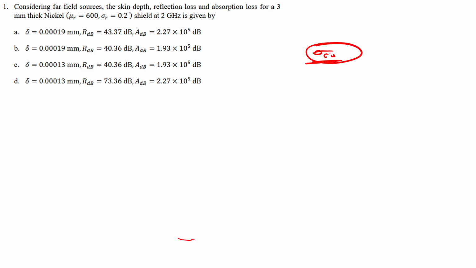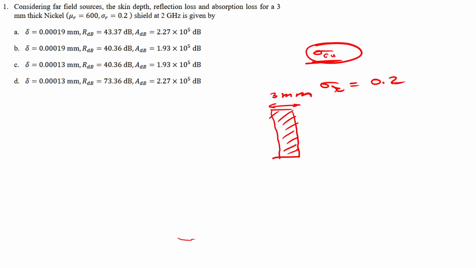Means with respect to copper, what is its relative conductivity? For nickel, it is 0.2. The thickness of this nickel shield is given as 3 millimeters at 2 gigahertz. We have to find the skin depth, reflection loss, and absorption loss for a 3 millimeter thick shield.